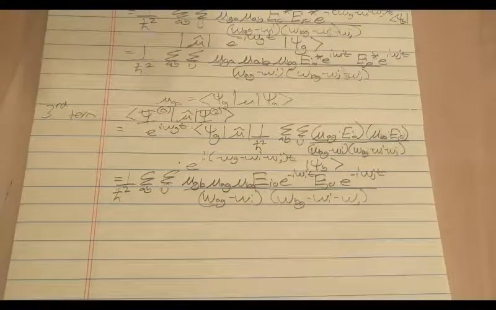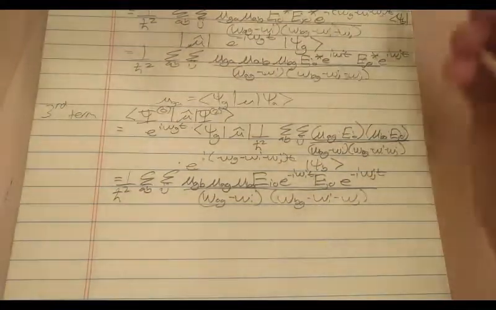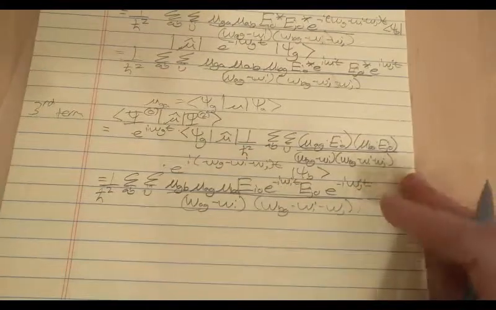Okay, so now we have all three terms, and I'm going to write out in full the second order perturbed dipole moment. So I'm going to sum all these, and then I'm going to try to put it in a nice symmetric looking form, and then we'll talk about the second order polarization and susceptibility.